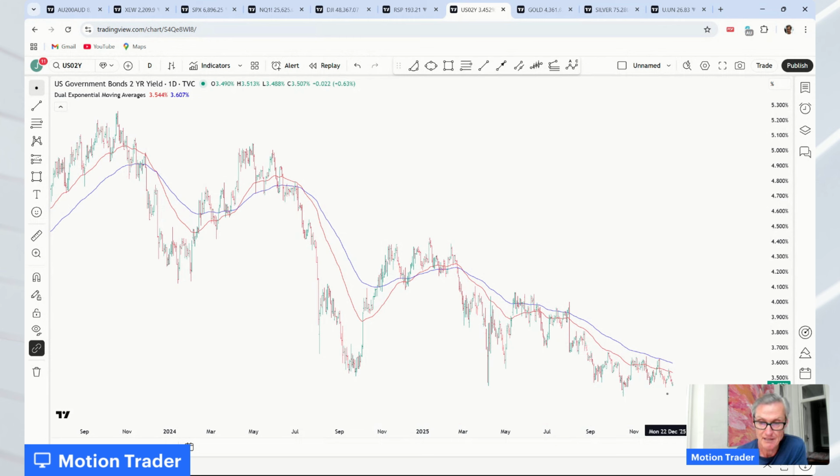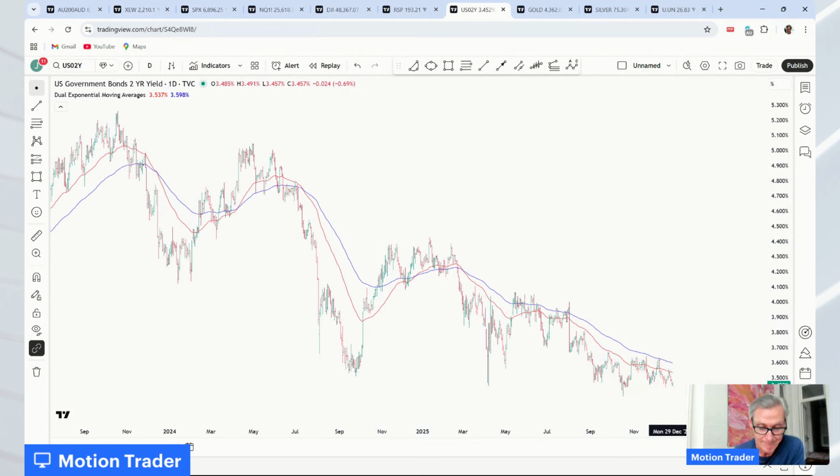These have been treading water, particularly in this last little bit, maybe the last 4 months, moving sideways below these declining moving averages. So the path of least resistance remains a downtrend in yield. But if this consolidation breaks to the downside, we could get quite a decent move lower in yields in this 2-year bond.